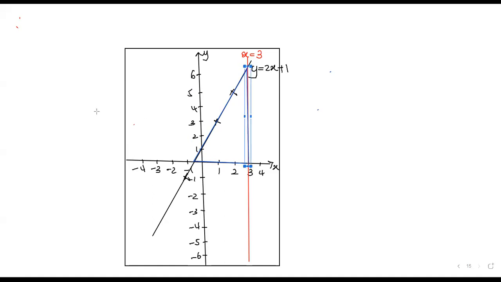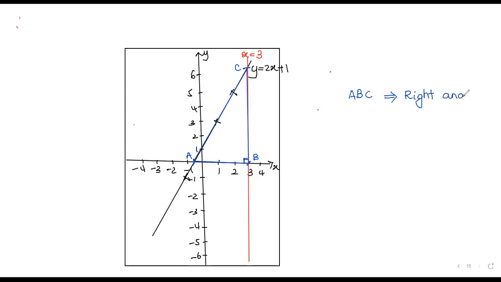So this is the triangle they are talking about, and you want to mark them as A, B, C. So I name this point A, this point B, and this point C. And you can see what kind of triangle this is. ABC is a right angled triangle, right?